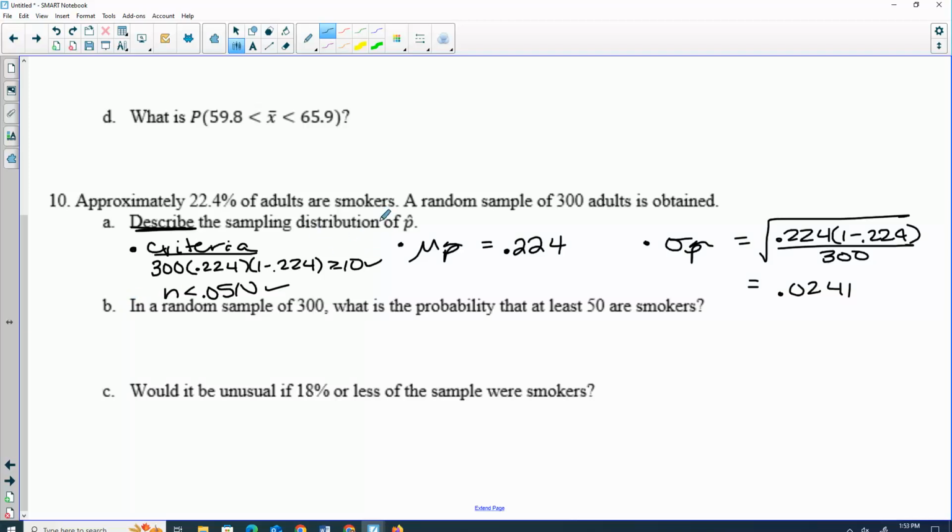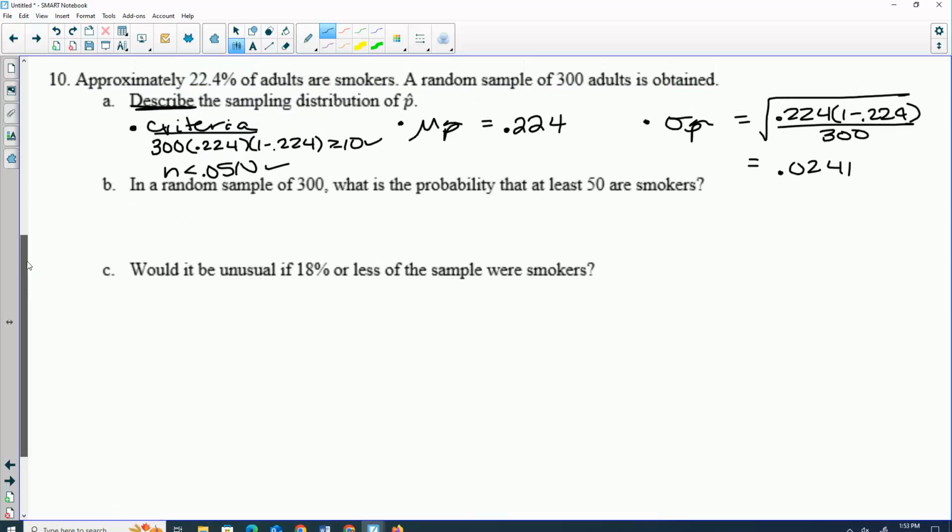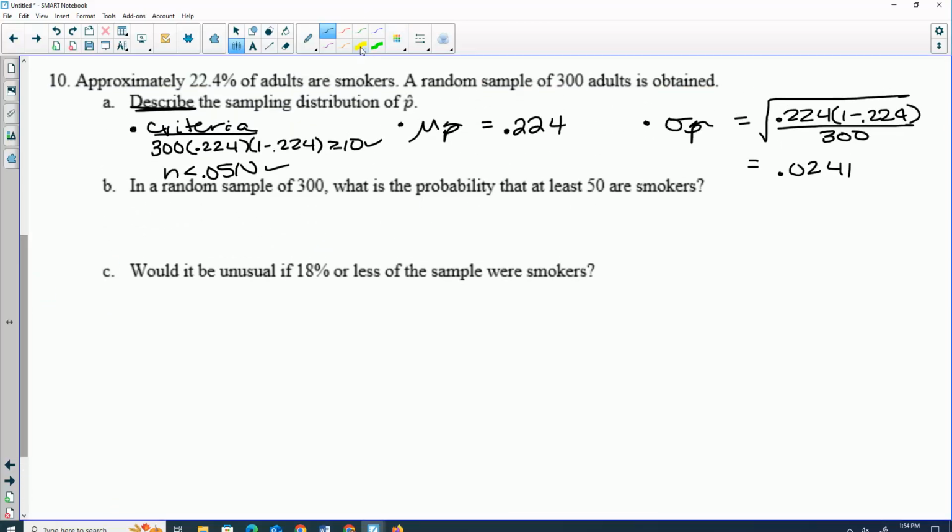Now if I've had you describe it, that's what we're using on these. In a random sample of 300, what's the probability that at least 50 are smokers? Okay, we already know from part A, I'm talking about p hats, which means I need a percentage, right? Did I give you the p hat in this problem? No. How do we find p hat?